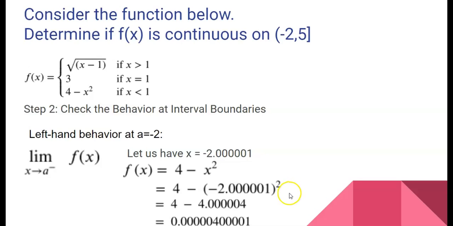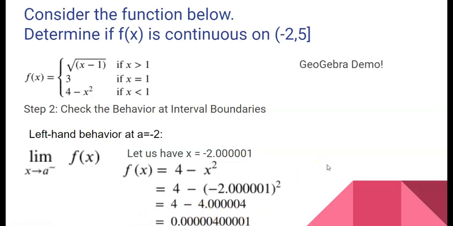Not touching 0, of course. So, reminder, when performing the limit operation and the answer, for example, is 0, it means that as the x value approaches a certain boundary like a of negative 2, then the y value approaches 0 and not touching 0.